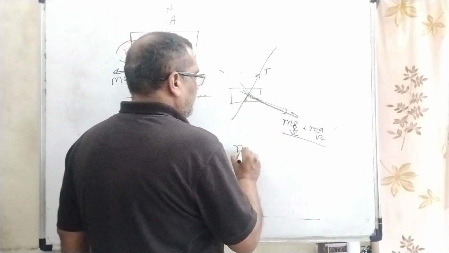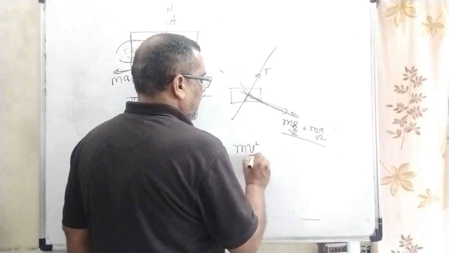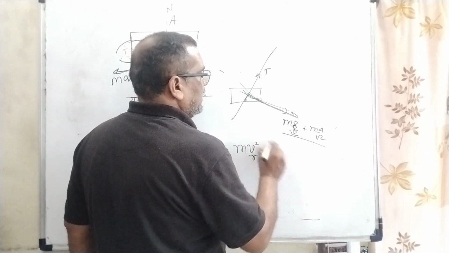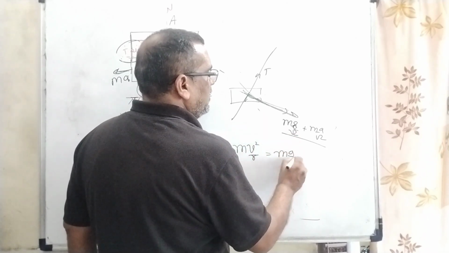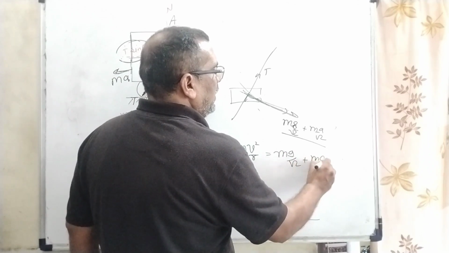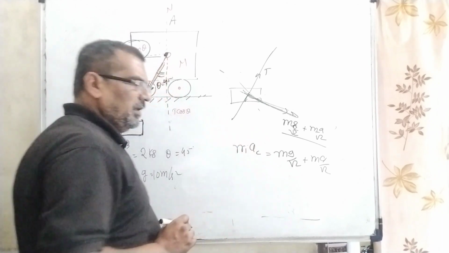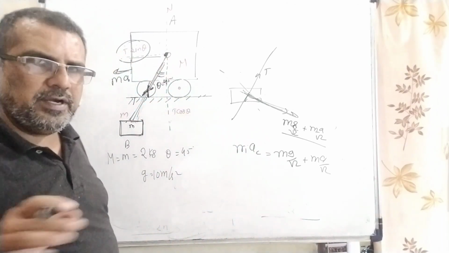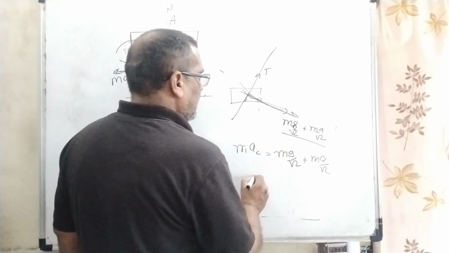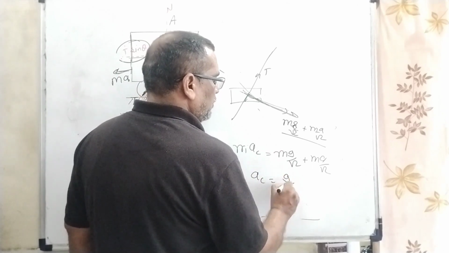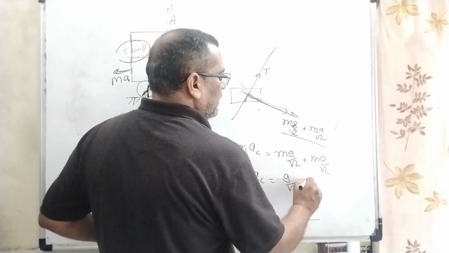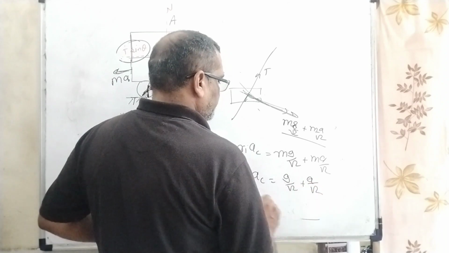So here centripetal force mv square by r is equal to mg by root 2 plus ma by root 2, or it can be written as ac, centripetal acceleration, because we have to find the acceleration. M gets cancelled, so here g by root 2 and here a by root 2.